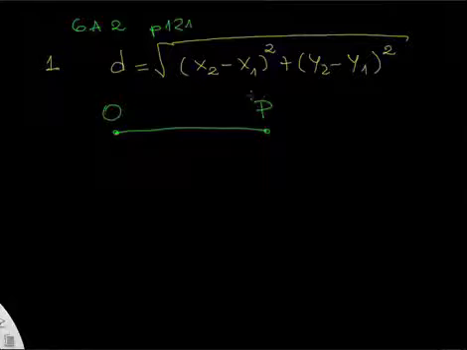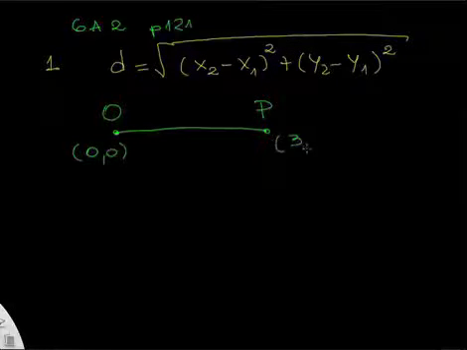The problem gives us the coordinates already. The point O is (0, 0), and the coordinate of the point P is (3, -1).